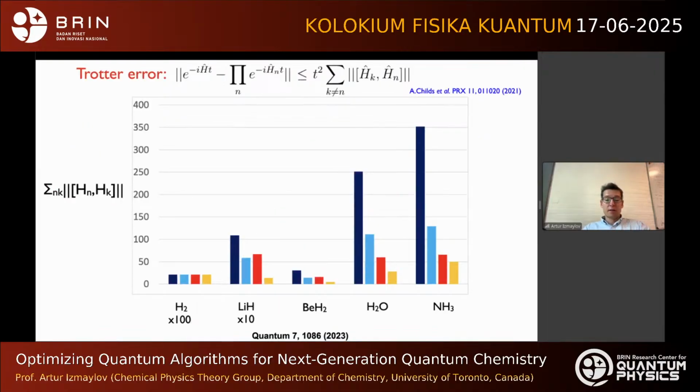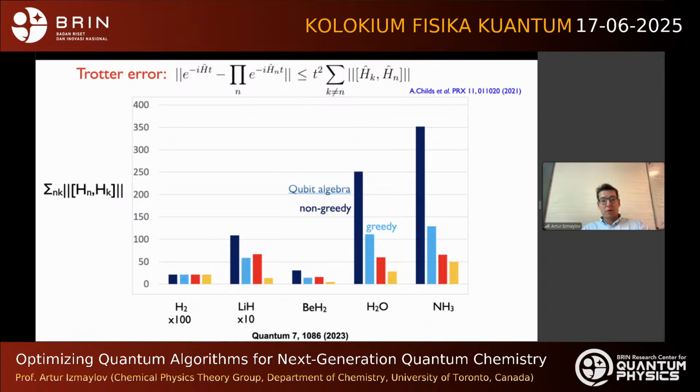If we look at some small molecules where we can calculate everything in order to analyze these methods. On the left-hand side, we have this sum over norms of commutators. And on the x-axis, we have different methods. So qubit algebra in blue, non-greedy approach that tries to minimize the number of fragments, and dark blue, the light blue is the greedy approach.